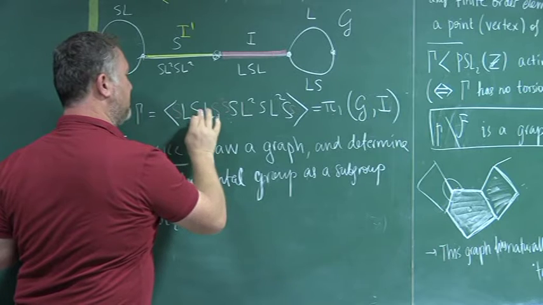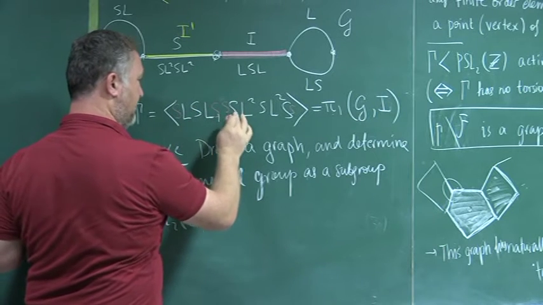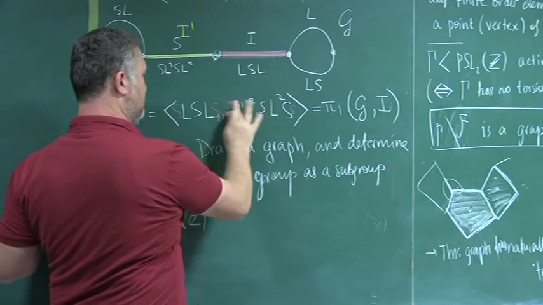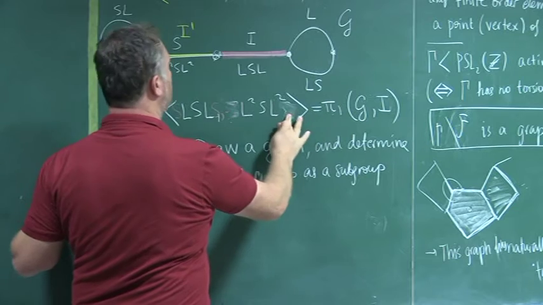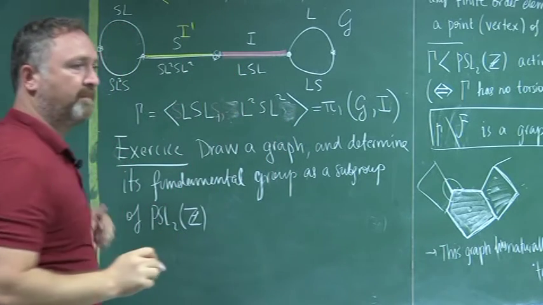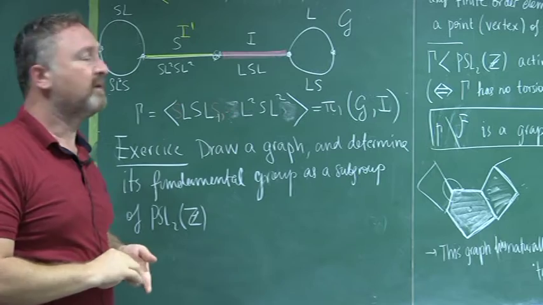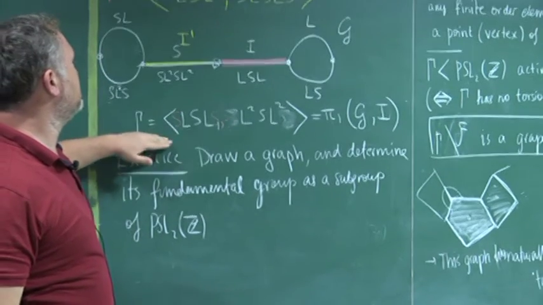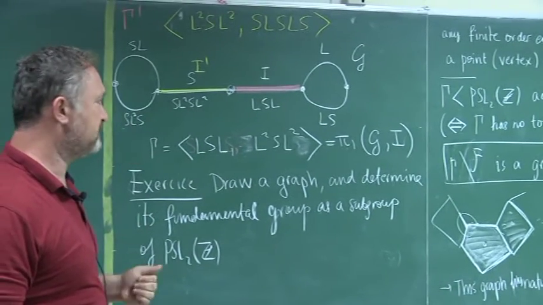So this will be SLS, LS, and since these two will cancel out, I'm going to have these ones, which gives me precisely this subgroup. So conjugation of this by S gives me this subgroup, which is true in general.